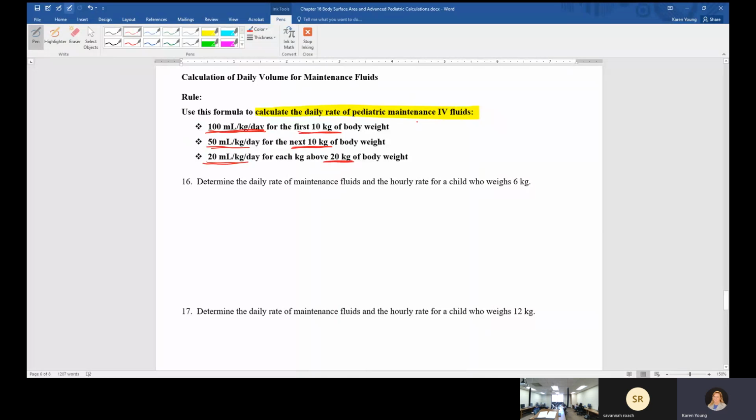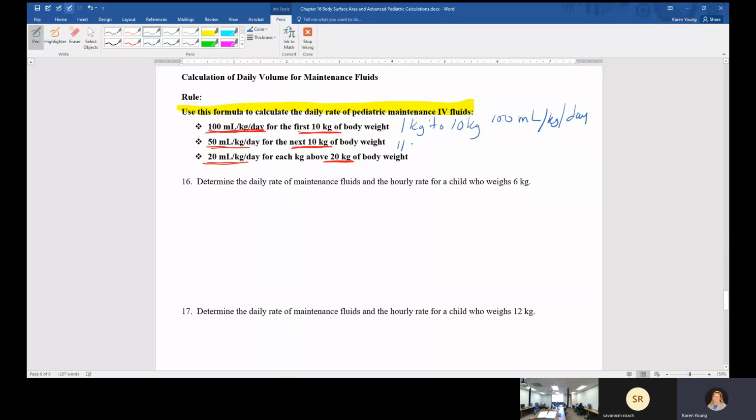So from 1 kilogram to 10 kilograms, they get 100 milliliters per kilogram per day.